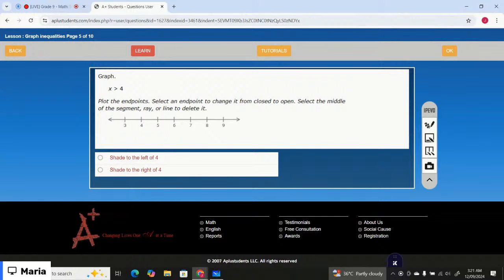Yes, the second one is the correct option, right? Shade to the right of 4 is the correct option.